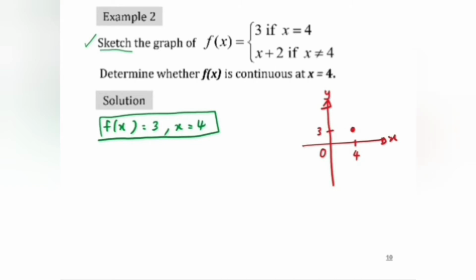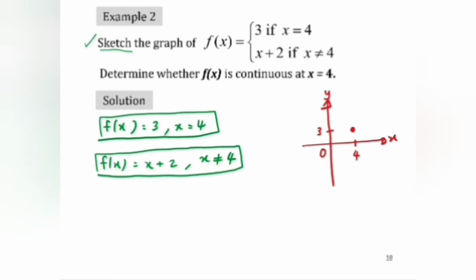The second function is x plus 2 when x not equals 4. To draw this graph, you have to find the value when x is 4. What is the value of f(x)? Substitute 4 into the function, you will get 4 plus 2, which is 6.